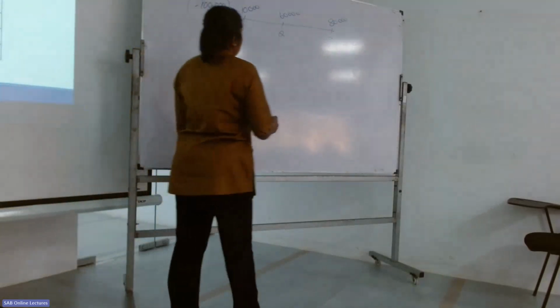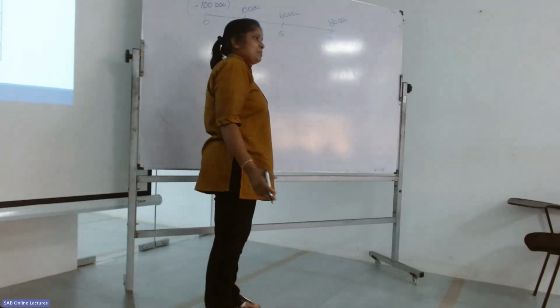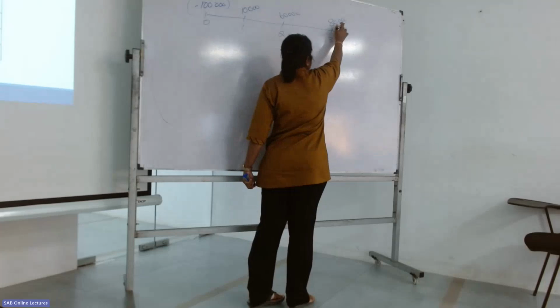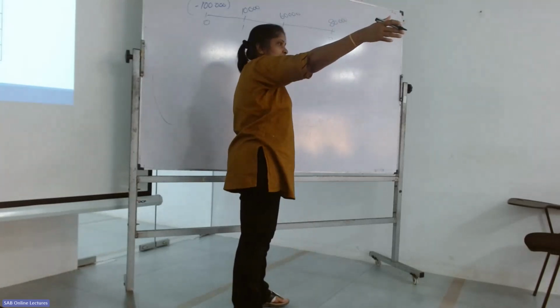Now we have to calculate the terminal value. Terminal value means compounding value. This 80,000 we expect 3 years from now, which is the end of the project.